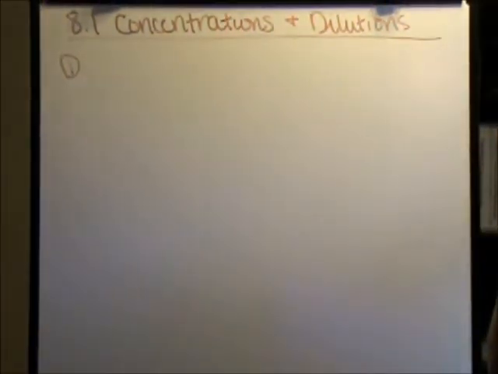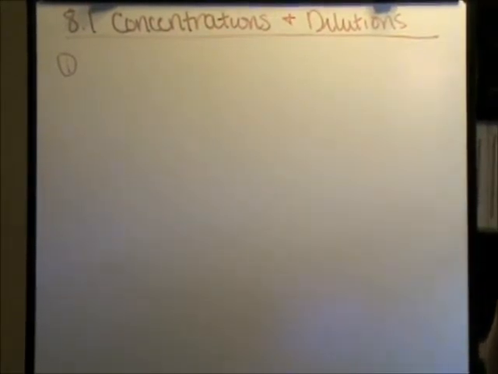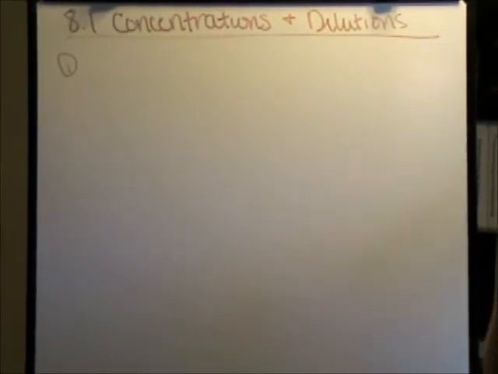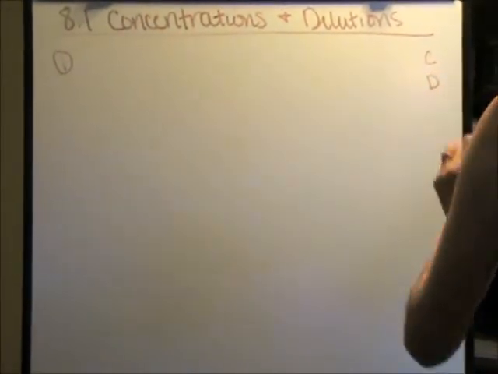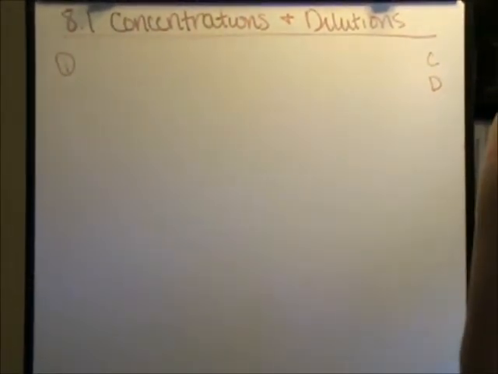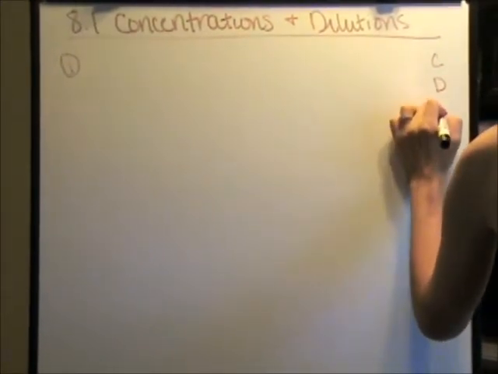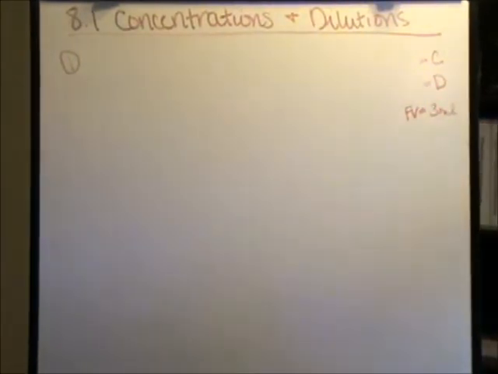Prepare 3 ml of a 10 milligram per mil phenobarbital solution from a 65 milligram per milliliter stock solution that comes in a 1 ml vial. How much concentrate and how much diluent are needed to obtain the desired final volume? So we already know what our final volume is. It's going to be 3 ml. So we need to find our concentrate and our diluent.